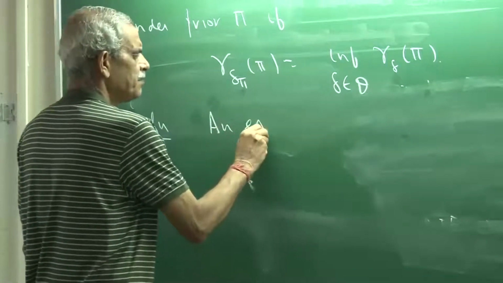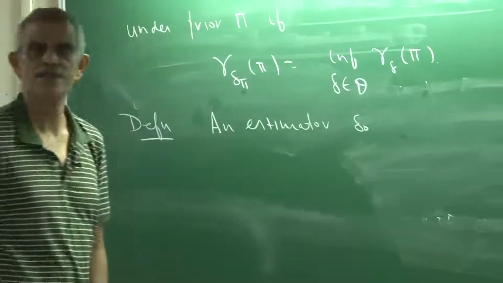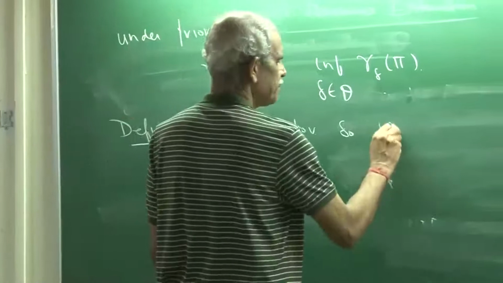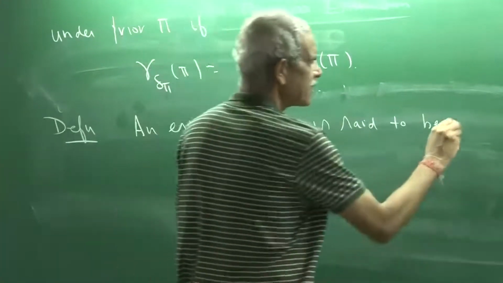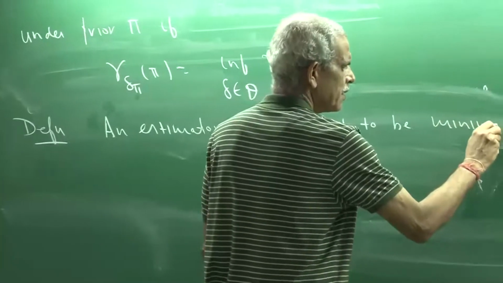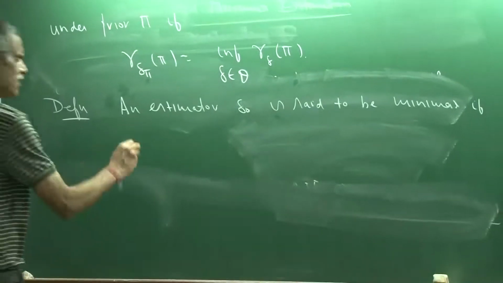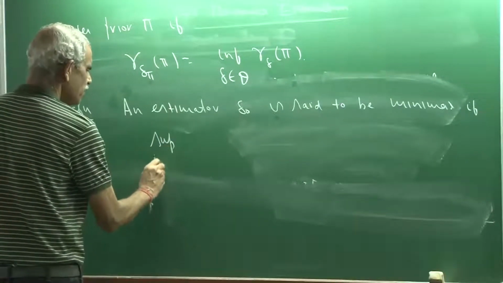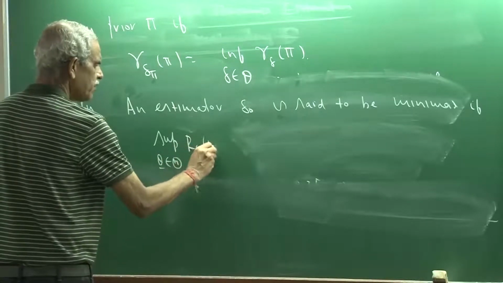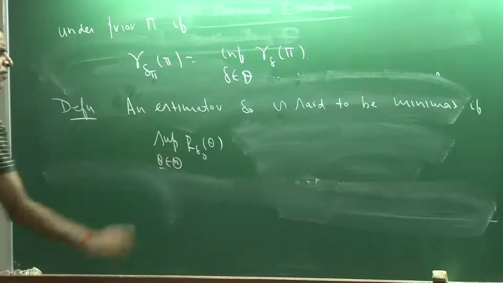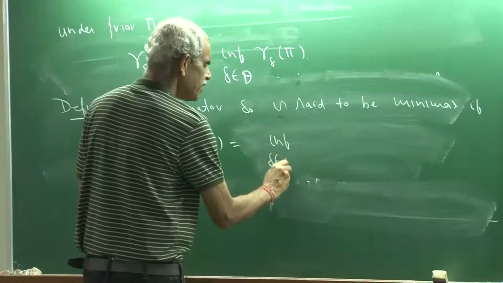An estimator delta naught is said to be minimax if it minimizes the maximum risk. So that means the maximum risk of delta naught, which is supremum over theta belonging to Theta of R(theta, delta naught), is the smallest among all estimators.